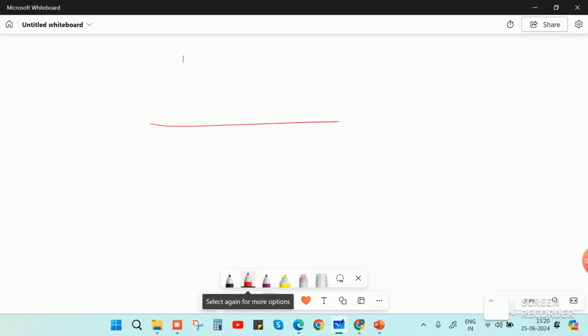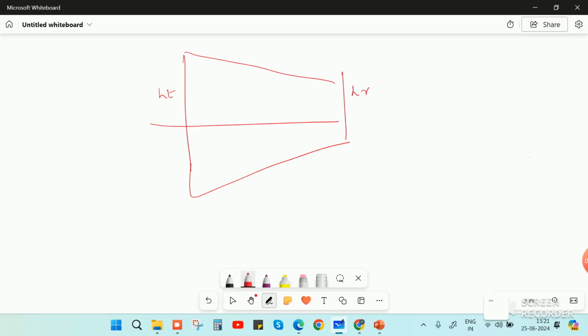So this is like this, the mirror image. This height is ht and this height is hr. The same thing, this is hr and this is ht. And this is my reflected wave. So this is d dash, and this reflected wave distance is d double dash.